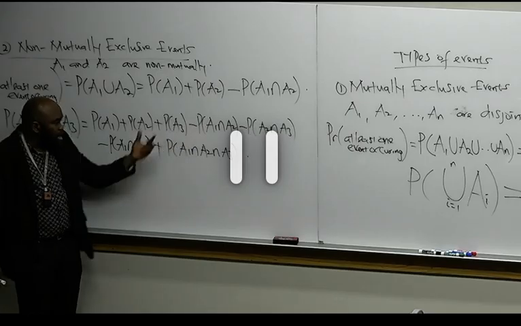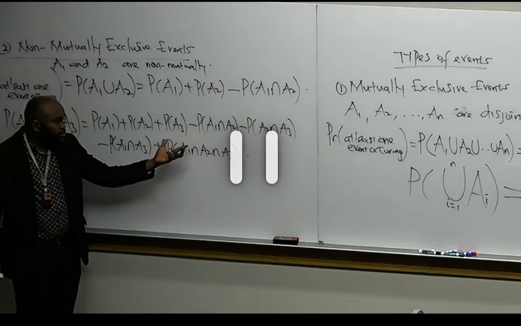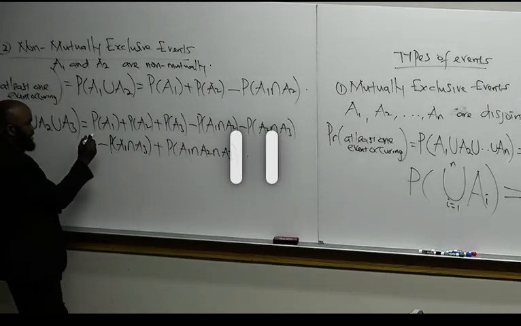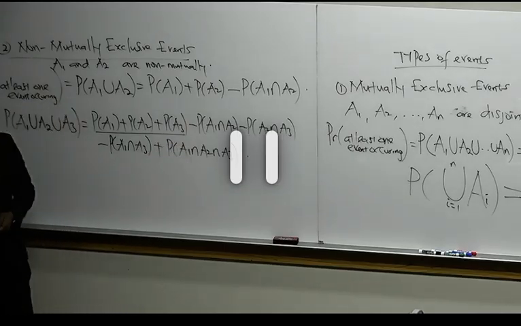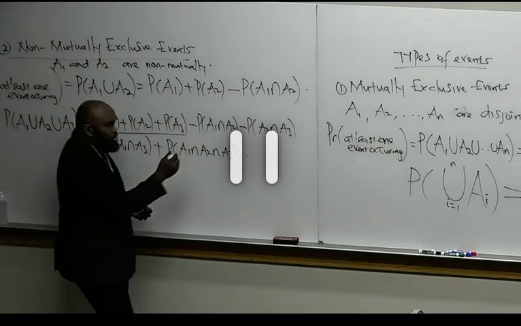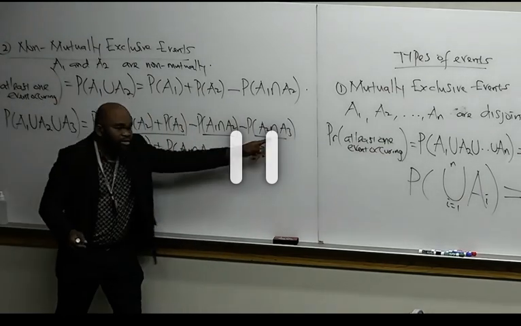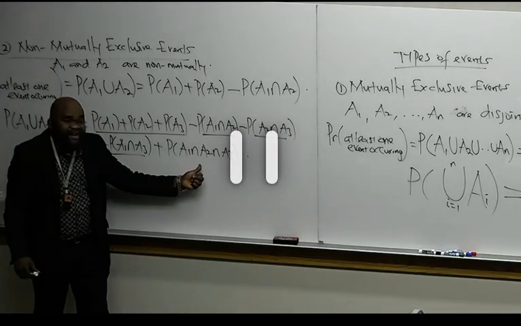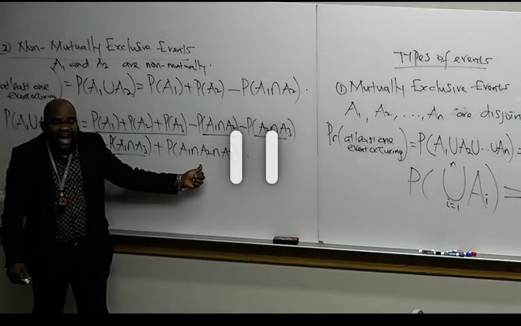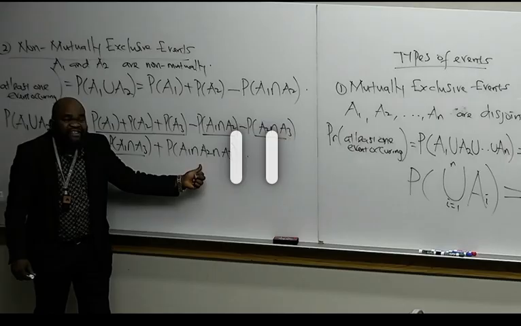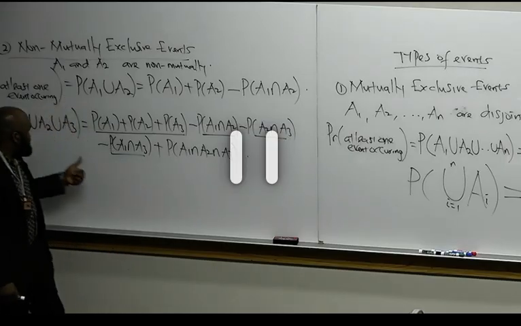Now, you see that we are adding the individual probabilities, we are subtracting the overlap, and we are adding the higher order overlap. So this is the situation here.